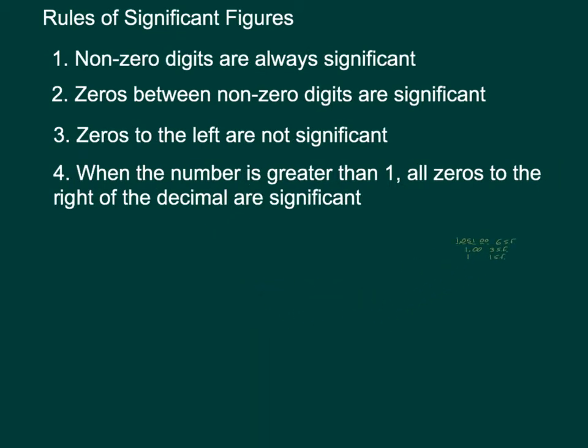Okay, so if we move that out of the way, and we're looking at another example of this, it also means that anything that's in scientific notation follows this rule of a number greater than 1, all zeros to the right of the decimal. Essentially, you assume anything in scientific notation that's listed is significant.